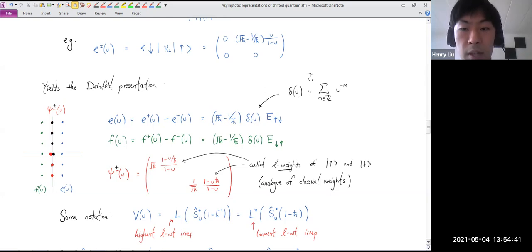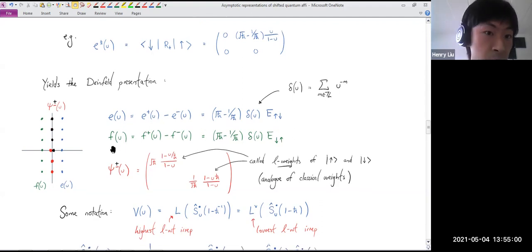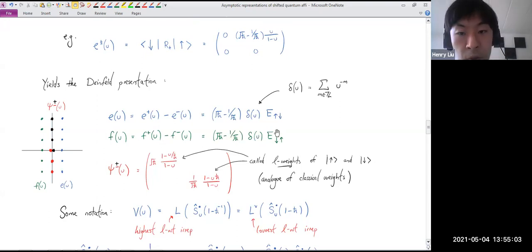Here small delta is the standard delta function, and E up down is the standard basis, so it's zeros everywhere except for one at the place indicated by up down. Similarly, you do the same computation for F, you get something very similar, and psi looks like this.